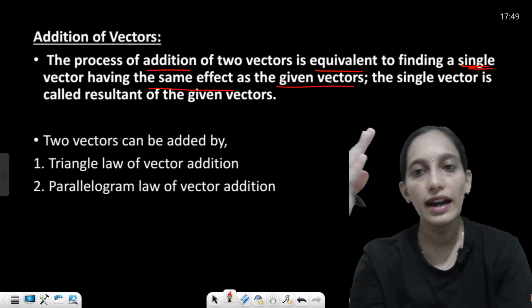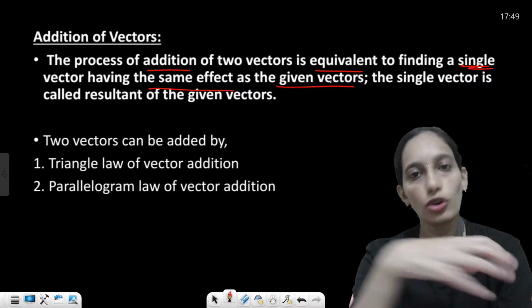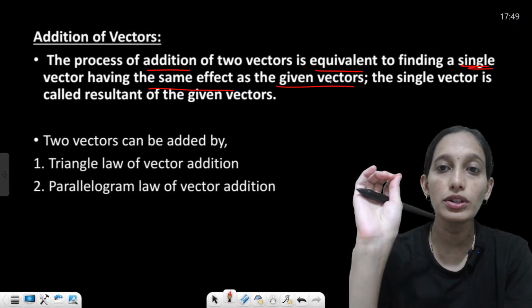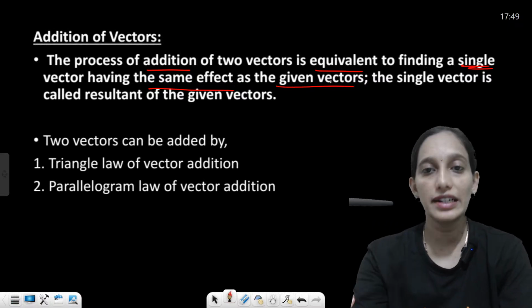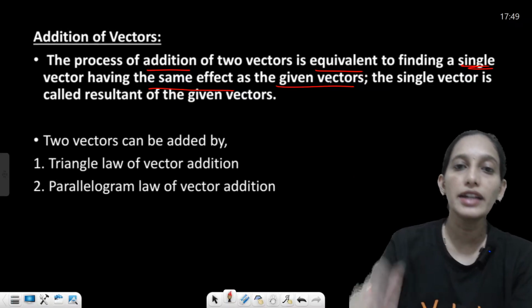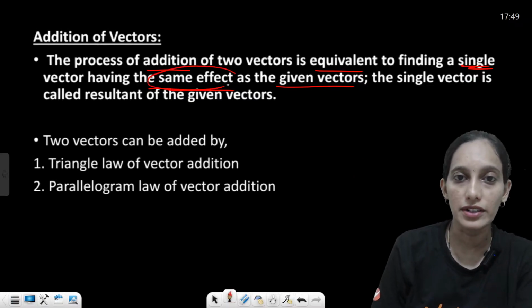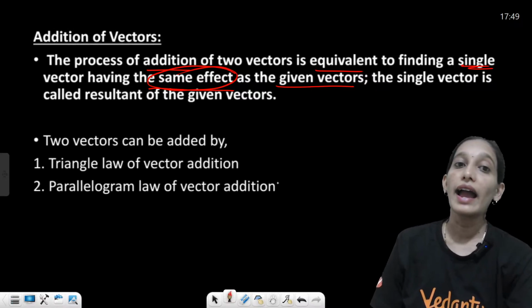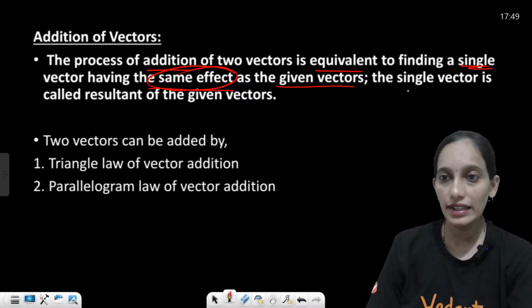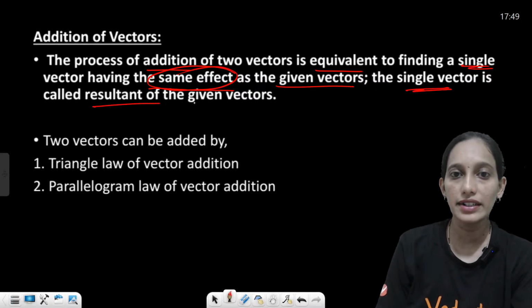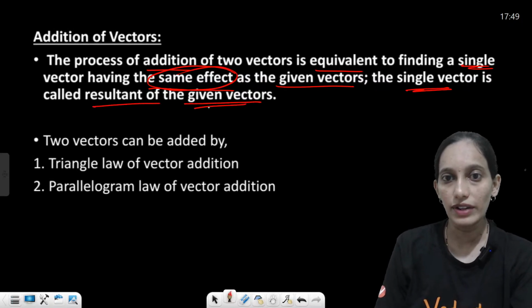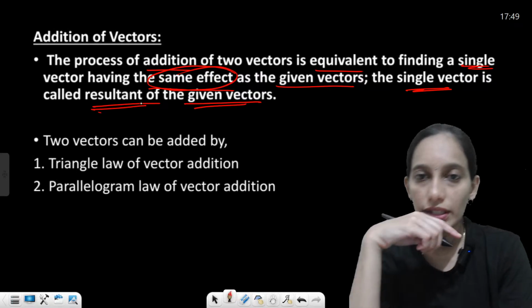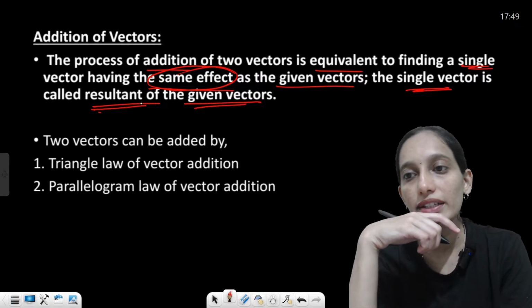So that is what we call addition of vectors. That single vector we call the resultant of the given vectors.